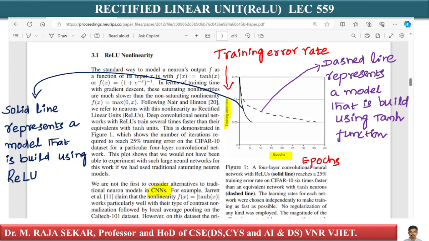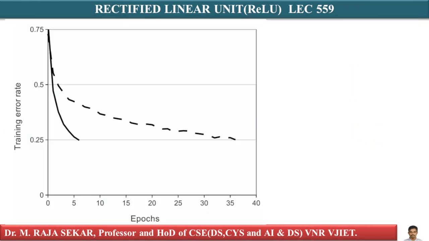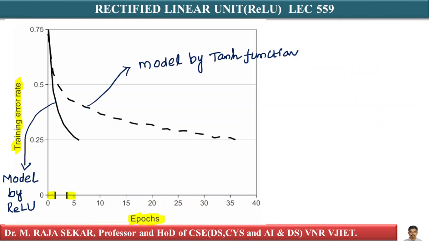What do you notice here? After 5 epochs, if you observe carefully, this dashed one is the tanh activation model, and the solid line is the model built with ReLU, isn't it?